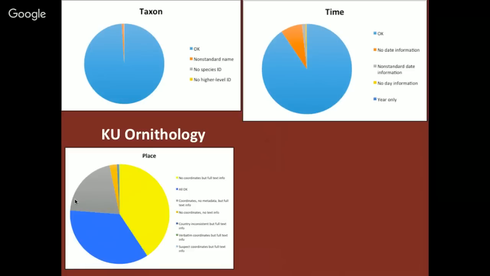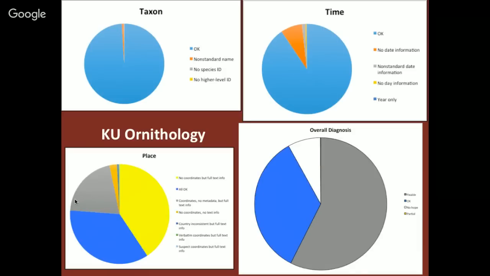So if I put taxon, time, and place all together for the KU ornithology data set, I get this. The ones that are okay are less than half. The ones that are essentially without hope are about a 10th.